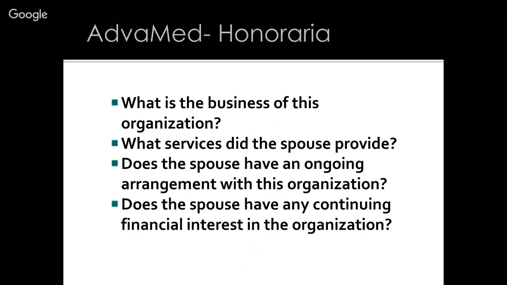The filer's spouse provided the keynote address and received a payment. A few weeks later, AdvaMed is advocating before our agency and, in fact, before our employee. There's plenty of room there for criticism. There's plenty of room there for stakeholders to feel that maybe that doesn't support the integrity of our operations. At least such that we want to think about it.